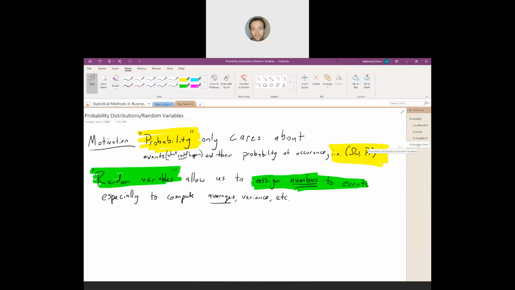Probability is the philosophy, there's math behind it, about what could happen and the probability of any of the things that could happen actually happening. That's it. That's everything that probability talks about: events and the probability of these events happening. You need both.